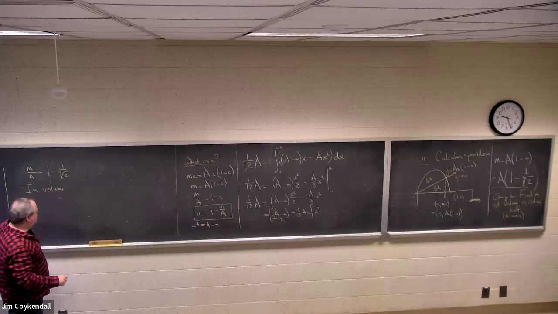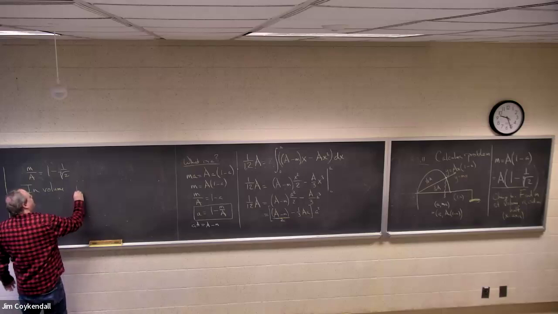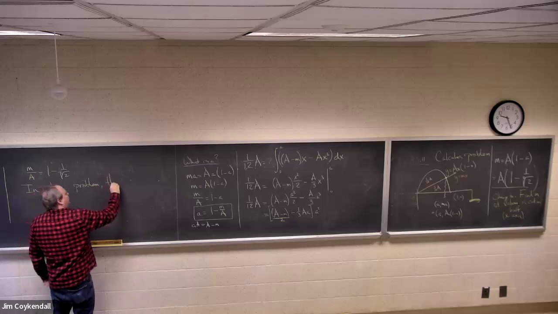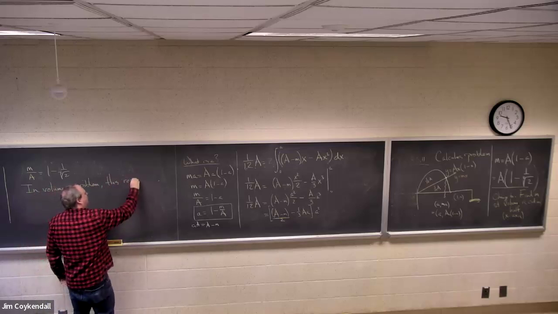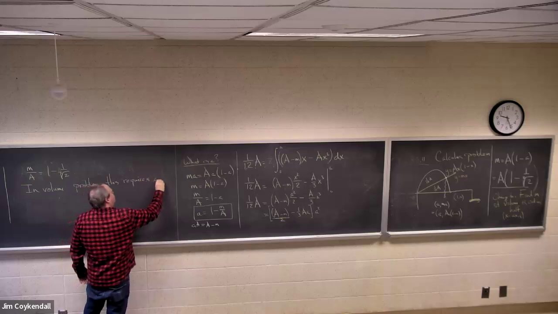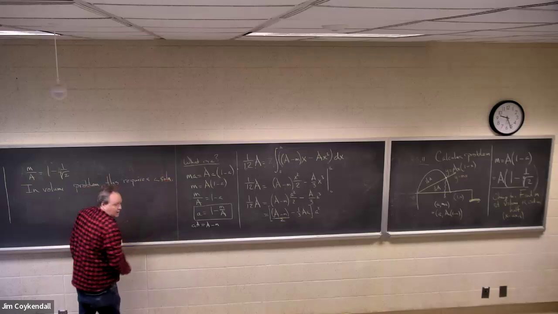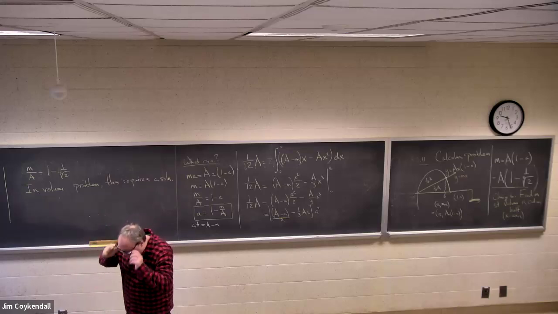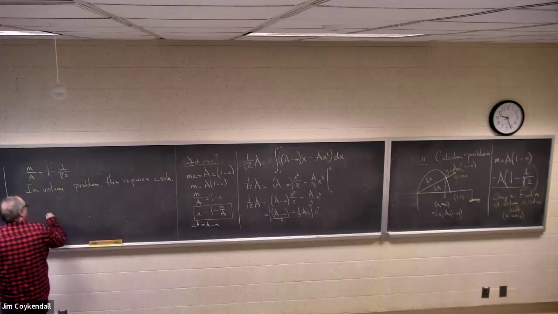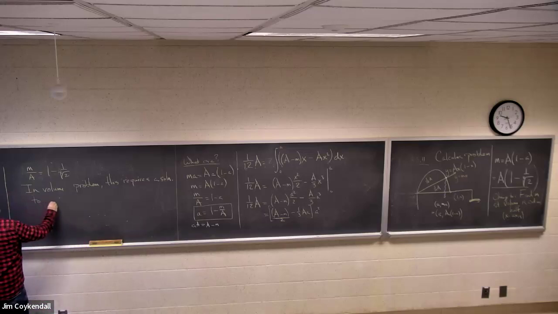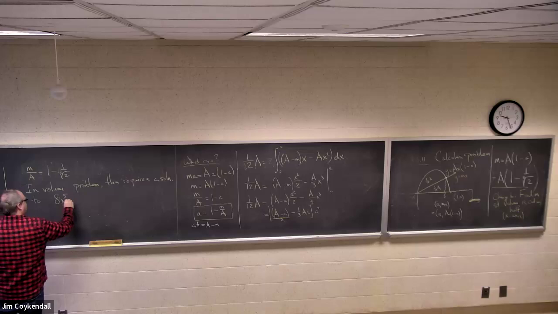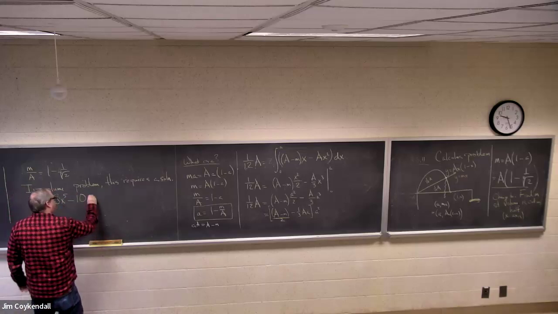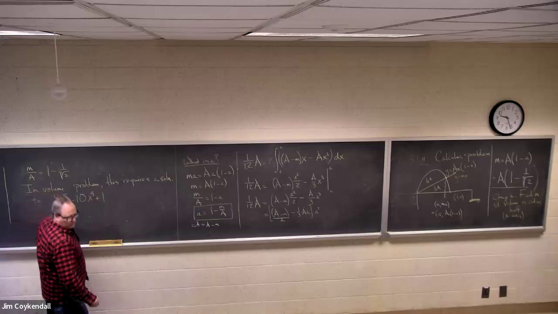We got x cubed as one of them. In the new volume problem, this requires a solution to 8x^5 minus 10x^4 plus 1.